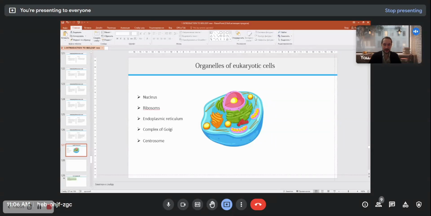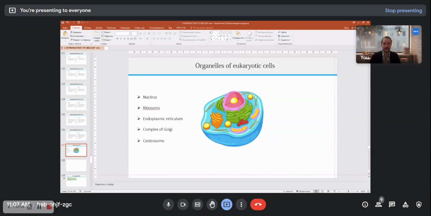And the endoplasmic reticulum that you see here in green color is used for, I would say, processing, but this may now be a complicated concept for you. Let's imagine such a situation.